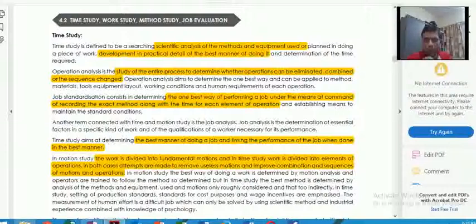If the total time is 5 minutes, how much time will be required for loading, how much for processing, and how much for unloading. If we get the values as 2, 1 and 2, then 2 plus 1 is 3 and 3 plus 2 is 5, total is 5 minutes. So we will try to reduce the time from 2 minutes to 1 minute.